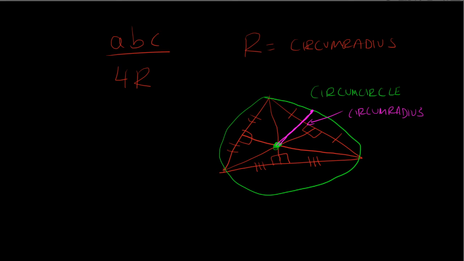So if you have this radius, you put it in this formula for R. And so let's say we have A, B, and C. We have R. You multiply the 3 sides and then divide it by 4 times the circumradius. So this is a very, very rare formula and really doesn't show up much.